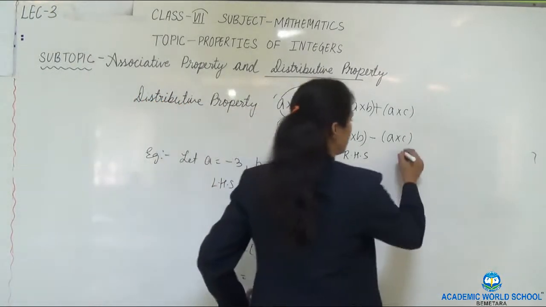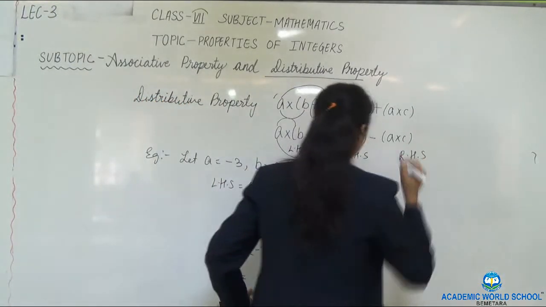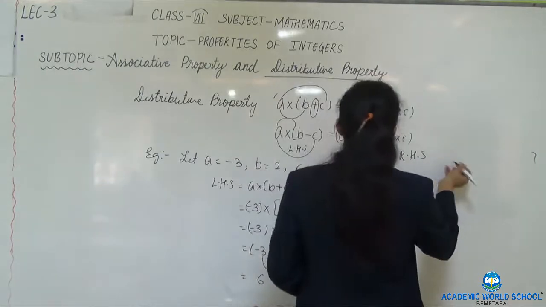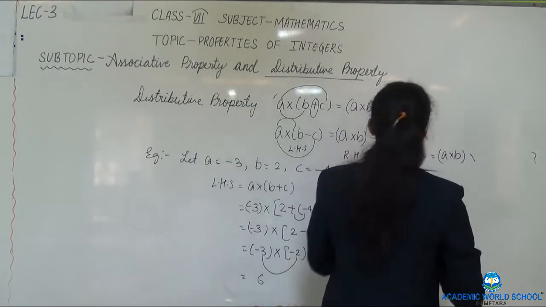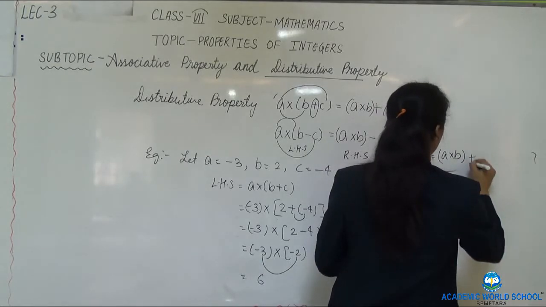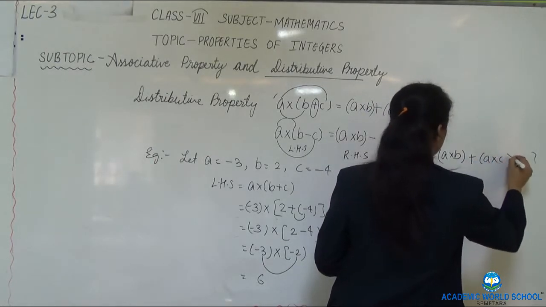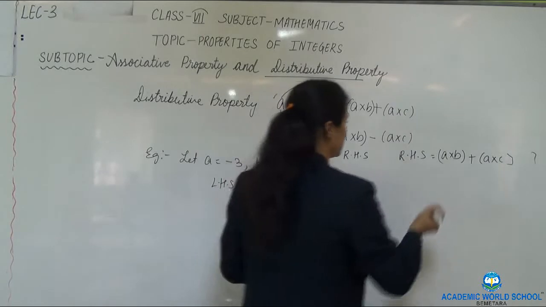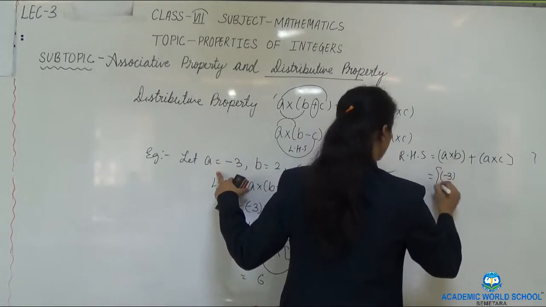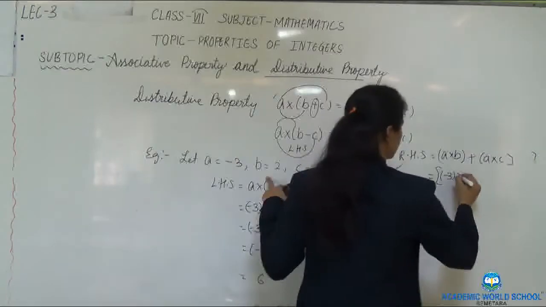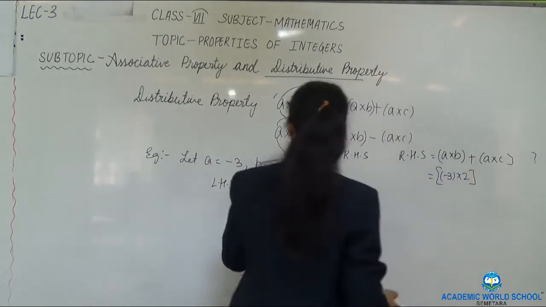Now we need to check for right hand side. A × B + A × C. Now what is A over here? -3. What is B over here? 2.